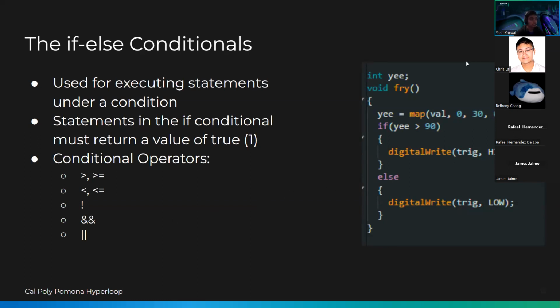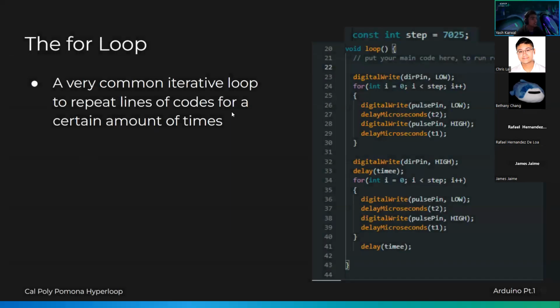All right, cool. All right, the for loop. It's also a very commonly used loop here. And it's basically an iterative loop that will run the lines of code for a certain number of times before stopping and then continuing on with the rest of your statements.